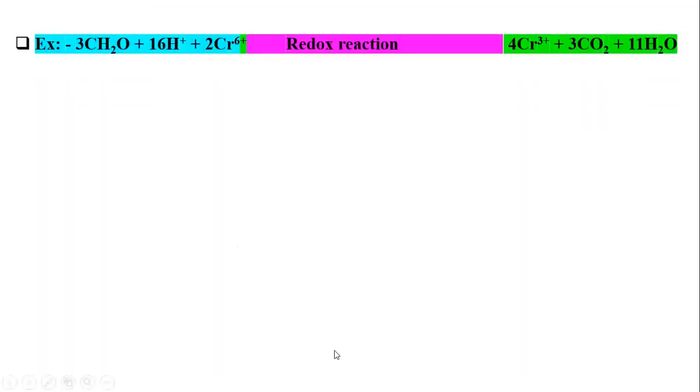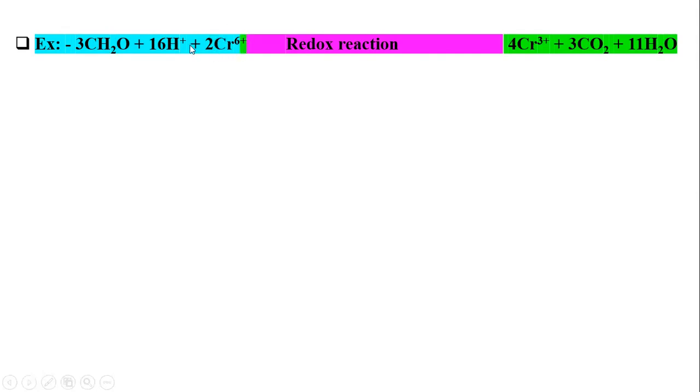Next, what happens here: I will write 3CH2O, that is nothing but an aldehyde we have taken. One organic impurity will be taken. You can write waste. Instead of 3CH2O, we can write simply wastewater, plus we take 16H plus. 16H plus means we provide acidic medium. Acidic medium provides the hydrogen ion and K2Cr2O7 contains chromium 6 plus ion.